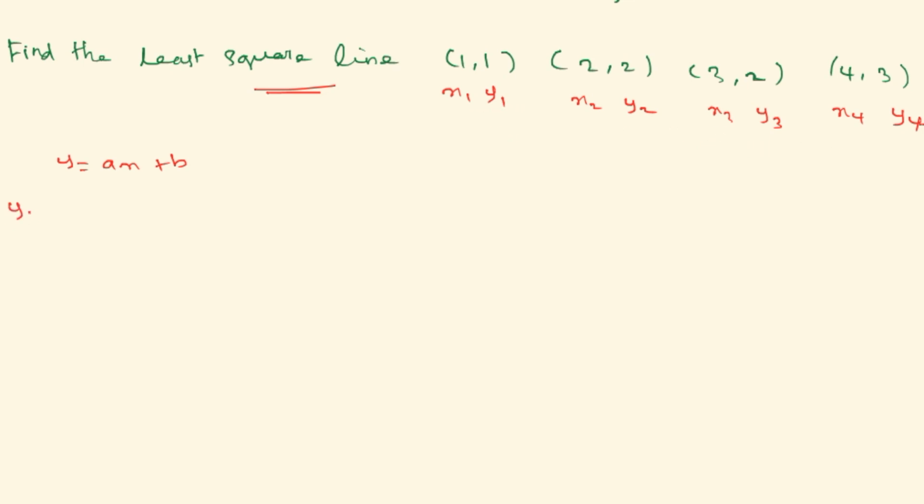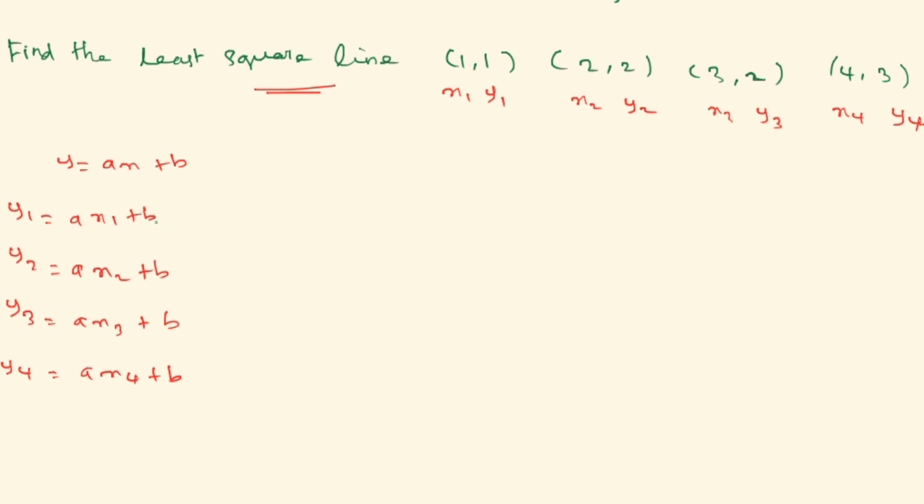See, y1 equal to a into x1 plus b, y2 equal to a into x2 plus b, y3 equal to a into x3 plus b, and y4 equal to a into x4 plus b. Now this is the required system of equations.